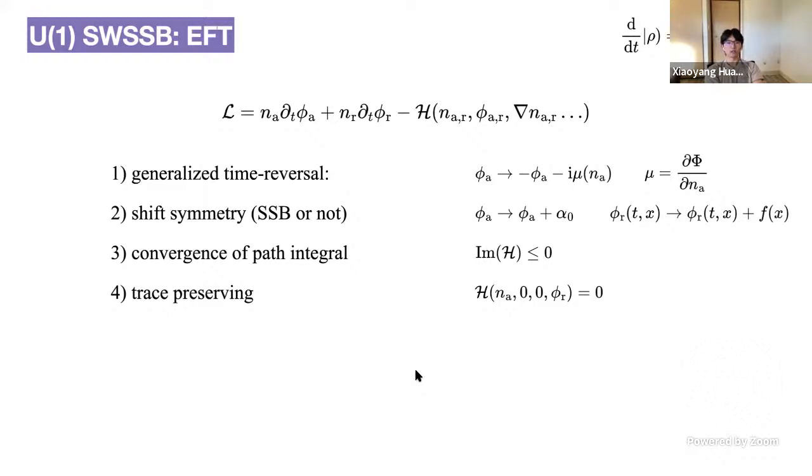Okay, so given what I described before, let me just summarize what kind of symmetries and what kind of effective field theory we can build. So recall that the quantum phi A field is a canonical conjugate pair of the strong charge, which is N_A here, and the phi R field is the canonical conjugate pair of the weak symmetry here.